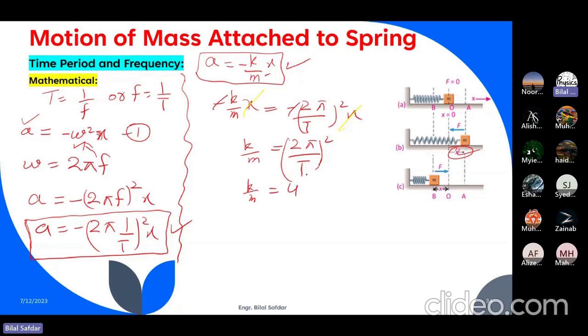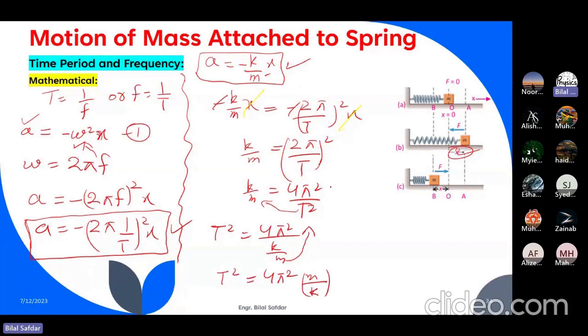Then you can say that there is 4 pi square divided by t square. We have to shift this t square to the left side. T square is equal to 4 pi square divided by k over m, and we put this m in the numerator and get the final result, that is t square is equal to 4 pi square m over k.